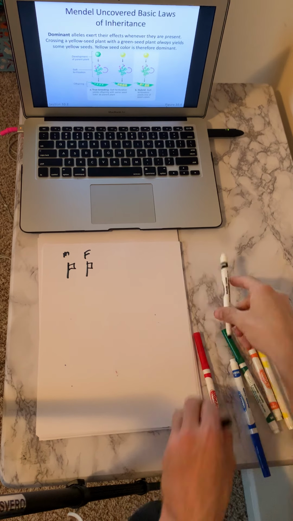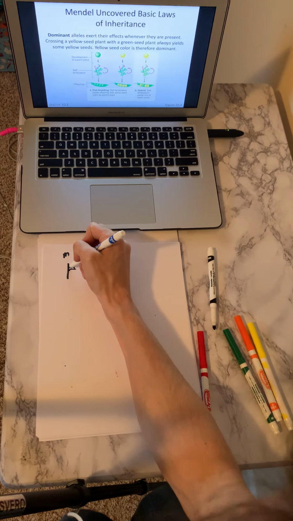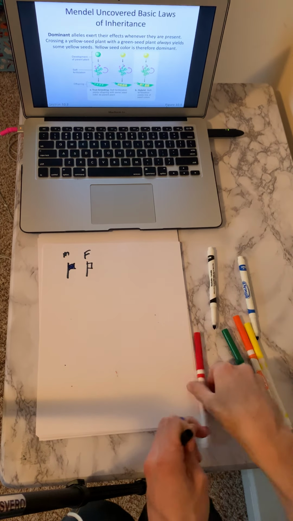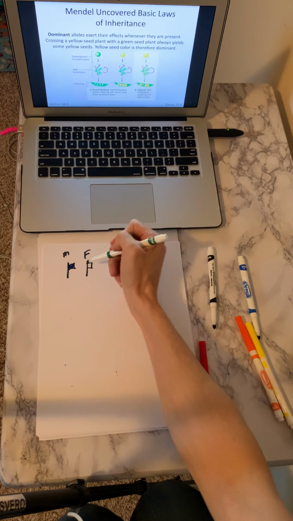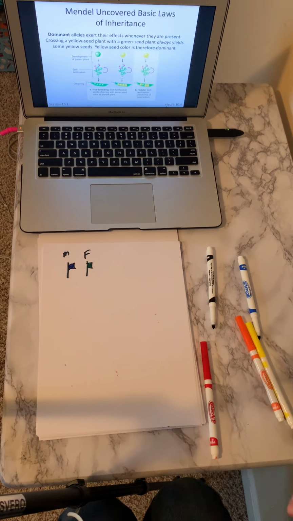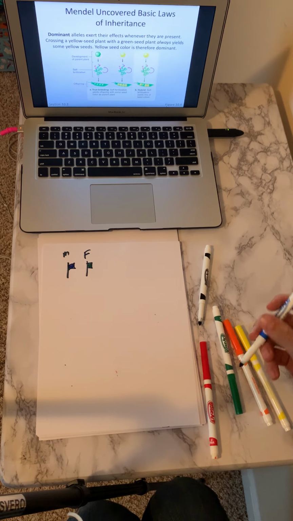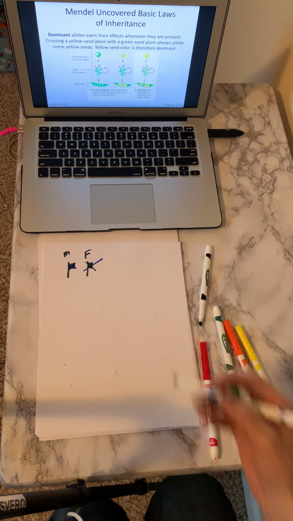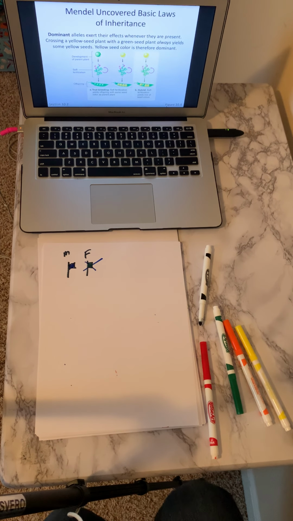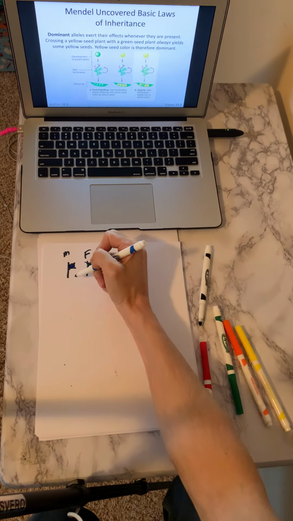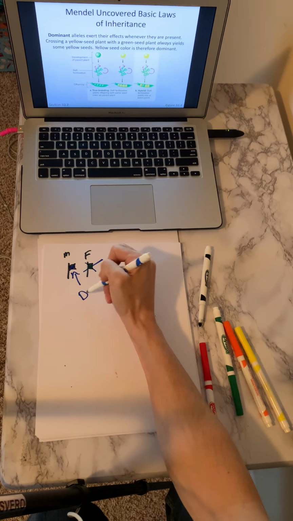If you have a gene for blue eyes on your mother's side and a gene for, let's say, green eyes on your father's side, that blue-eye gene is going to beat up that green-eye gene, and you will have blue eyes no matter what. If that is the case, this gene is considered dominant.